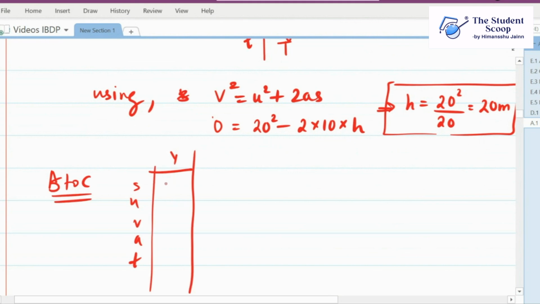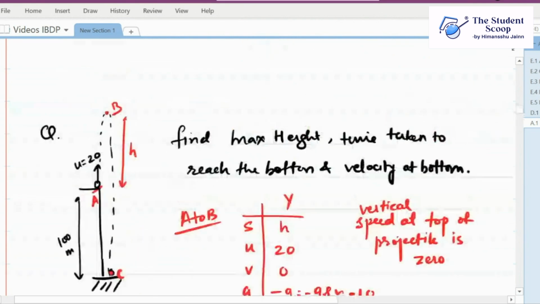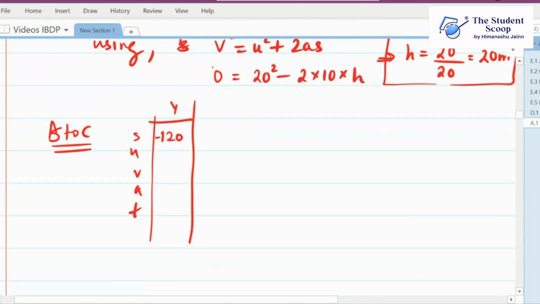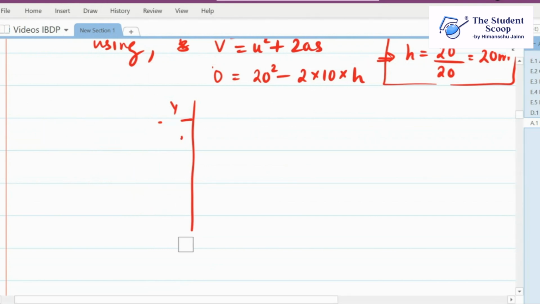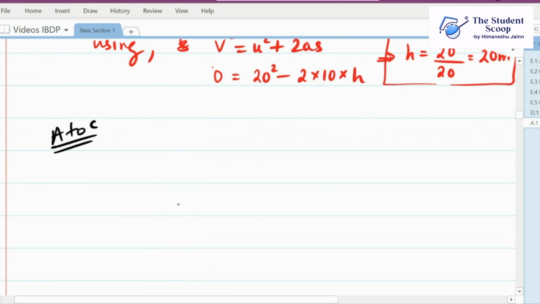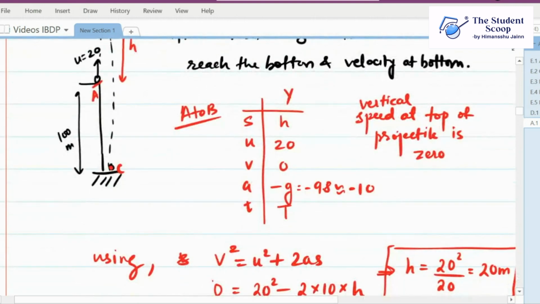The s this time is 120 downward, so it is negative from B to C. Or we can directly use our knowledge to find the equation from A to C. So from A to C, if I'm talking about SVUAT, the displacement would be just 100 in the negative direction.